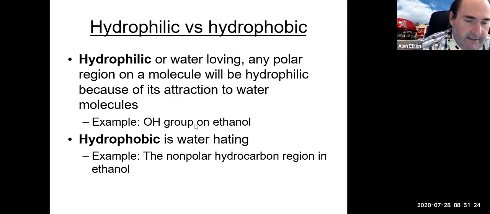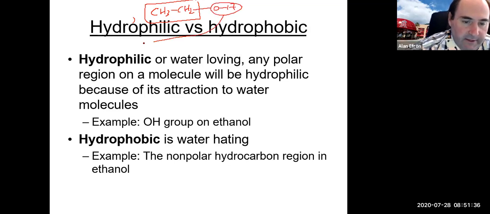So for example, in our ethanol example, the part with all the carbons and hydrogens is a nonpolar part, but the OH part would be your hydrophilic part that likes water. That's different than hydrophobic, which is the part that doesn't like water. That would be this part of it here. Our nonpolar part would be our hydrophobic part that doesn't really like water.